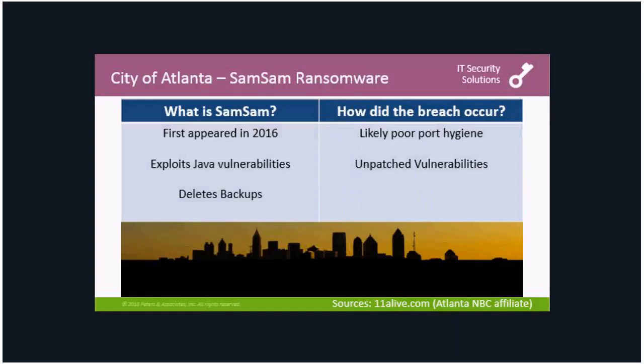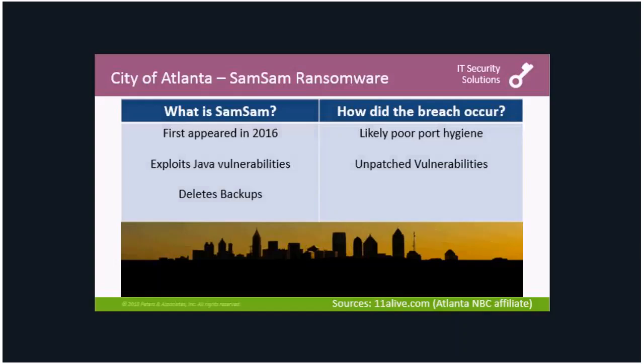How did the breach occur? There's a little bit of speculation here because the city of Atlanta has been a little bit less than transparent with the public about how the breach happened, and even some of the details about it being ransomware in the first place are partially speculative because it was leaked to the press, but there are no public statements from the city itself.